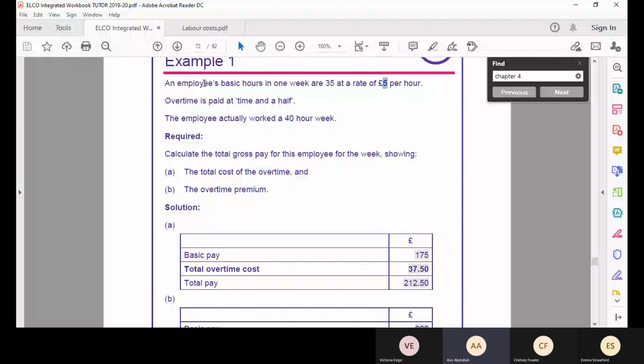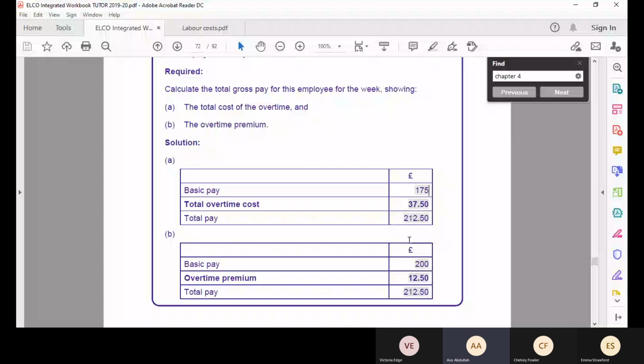Both together equal £212.50. Or there is another way: 40 hours times £5 equals £200, then the overtime hours times £2.50.